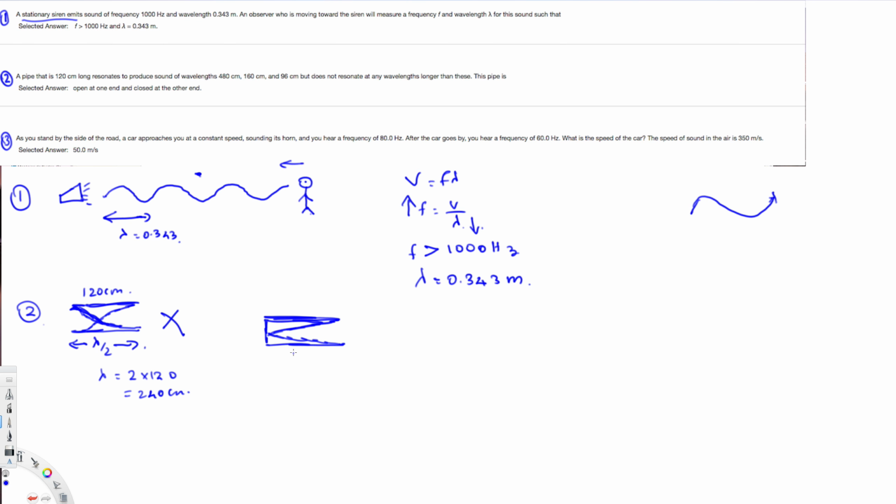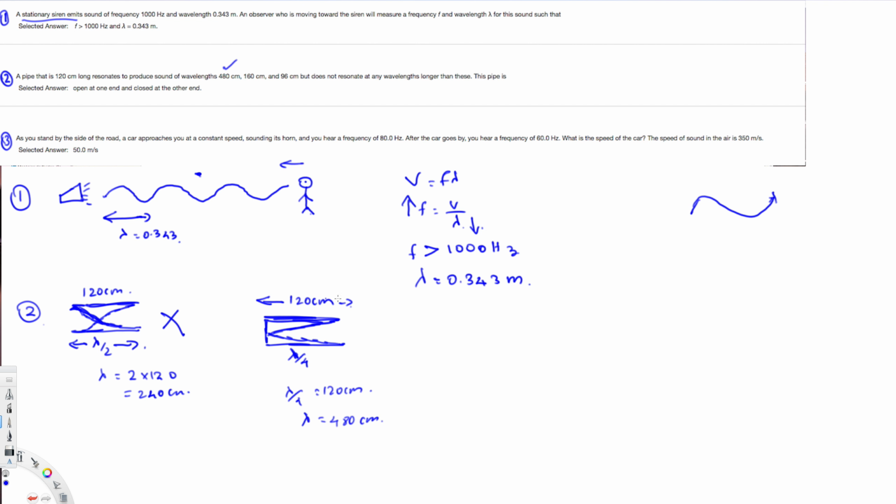This is going to be lambda by 4, because this is a quarter of the wavelength, and the length of this is 120 centimeter. Lambda by 4 is equal to 120 centimeter. Therefore, lambda is equal to 480 centimeter. We have that value right here.